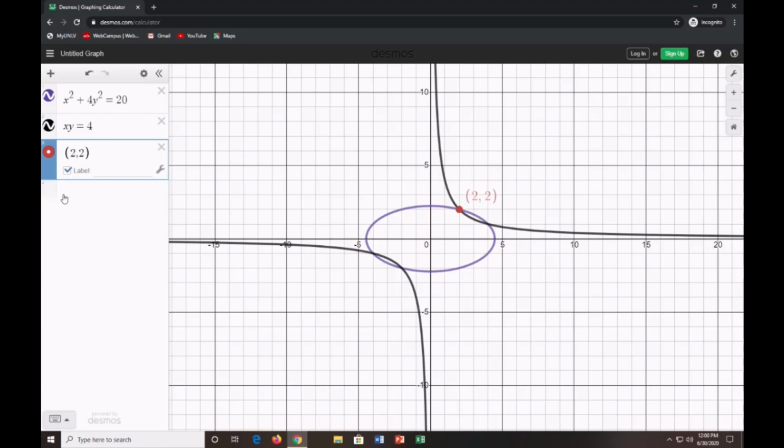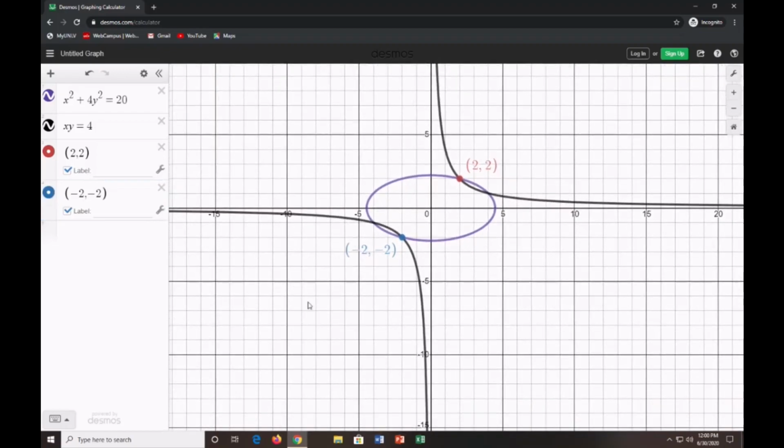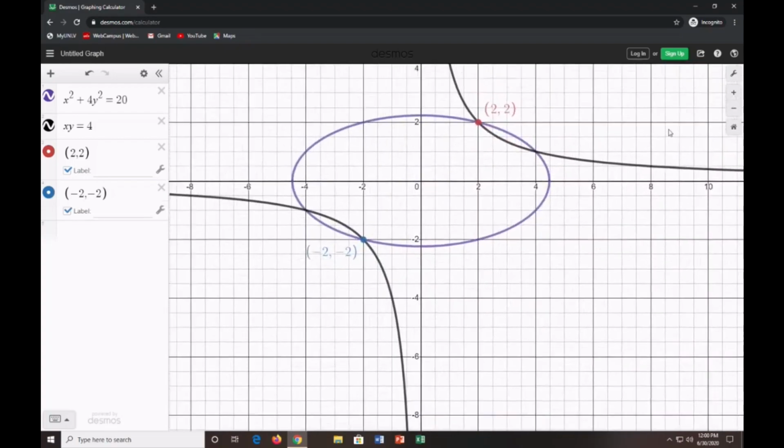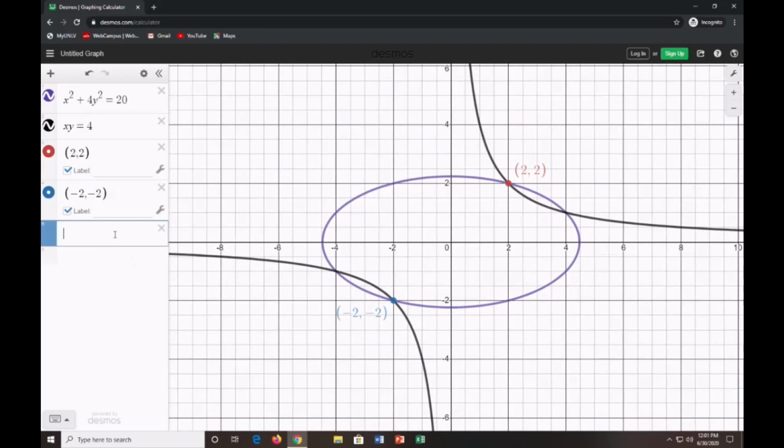Let's label them. Then we found -2, -2. There it is, the blue point right there. Maybe I should zoom in. Yeah, that's better. You see that? So those curves are intersecting at those points.